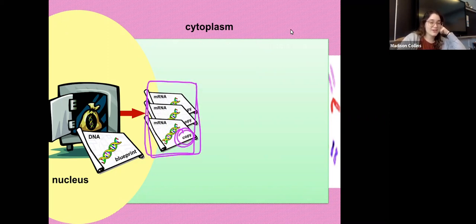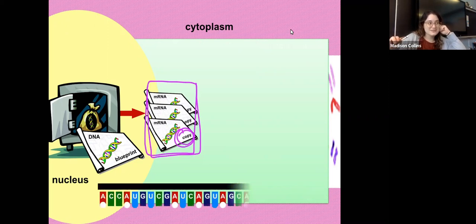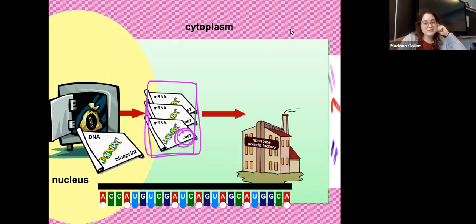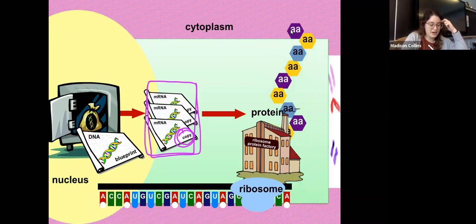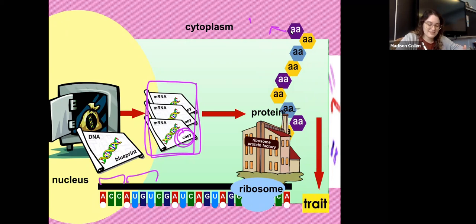So mRNA copies that important DNA molecule, and then it carries that copy over to the ribosomes, which are going to read that strand of mRNA and then churn out the amino acids that are coded for by those codons. Once those amino acids are built together into this long chain, we're going to form a protein, which of course is going to code for the traits that you currently possess.